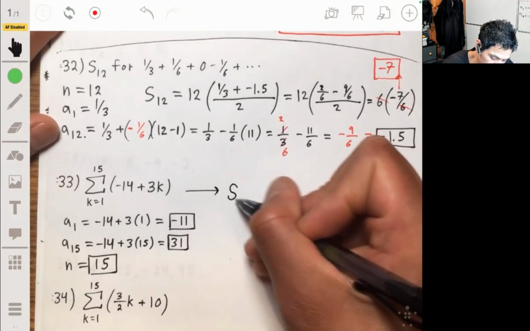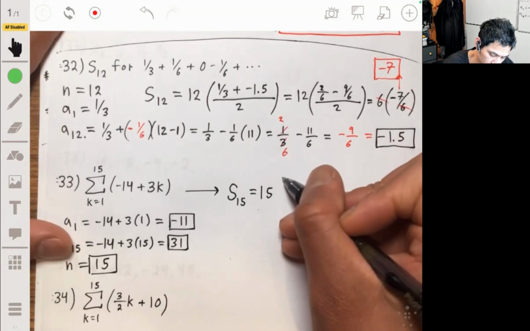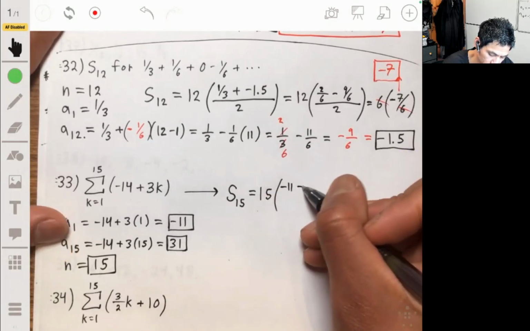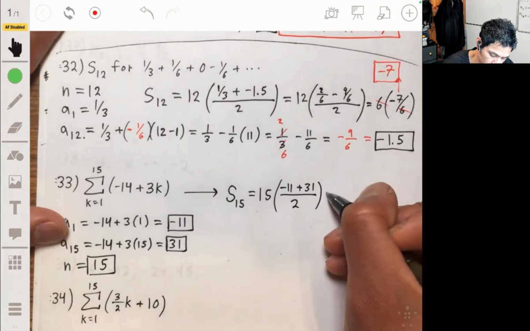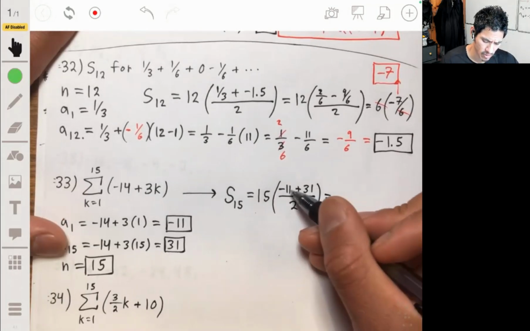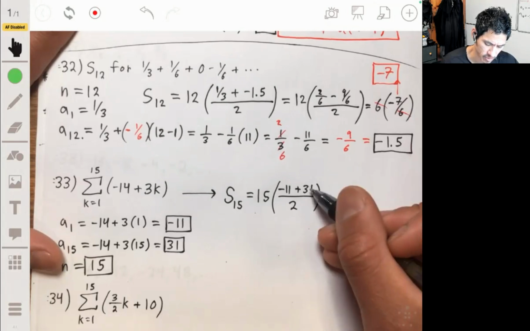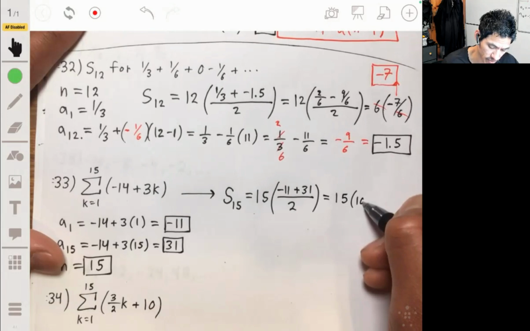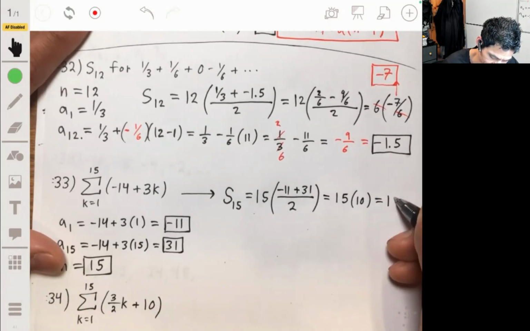So S15 will be equal to n, which is 15, times A1, which is negative 11, plus A15, so plus 31, all over 2. So negative 11 plus 31 is 20, so 20 over 2 is just 10. So 15 times 10, and we get 150.